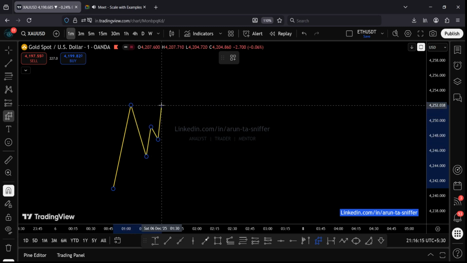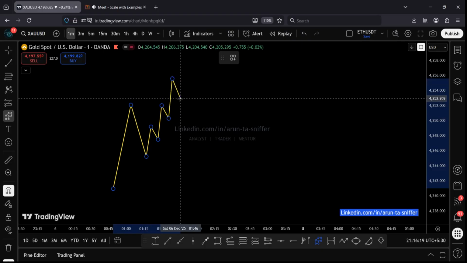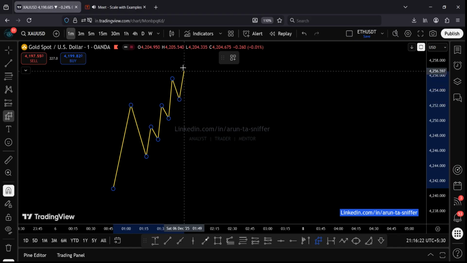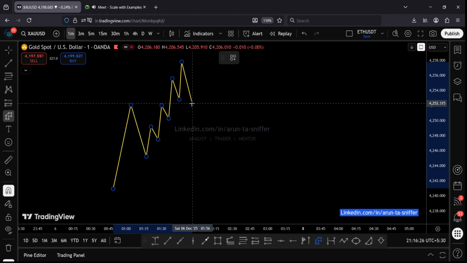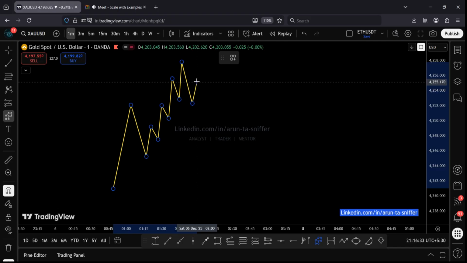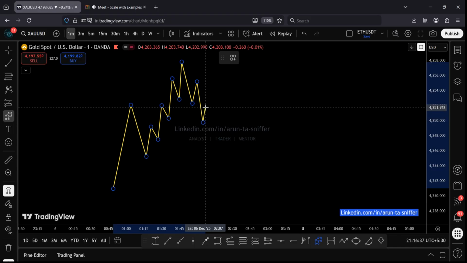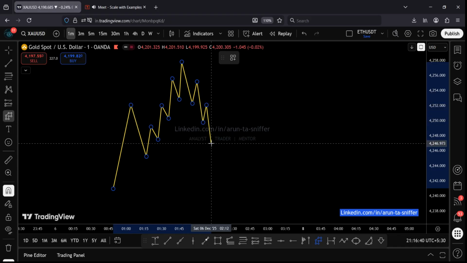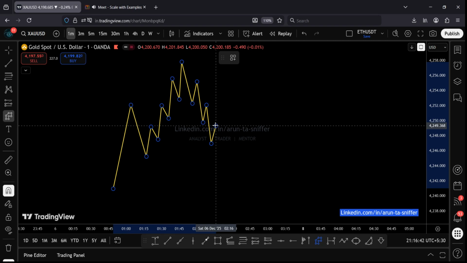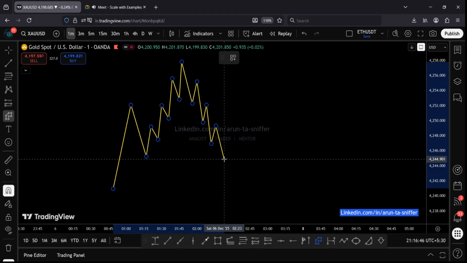Price moves like this, comes down, engulfs the low of this, goes back to LSK, engulfs this, goes back to LSK, engulfs this, goes back to LSK, and then comes down and engulfs this.